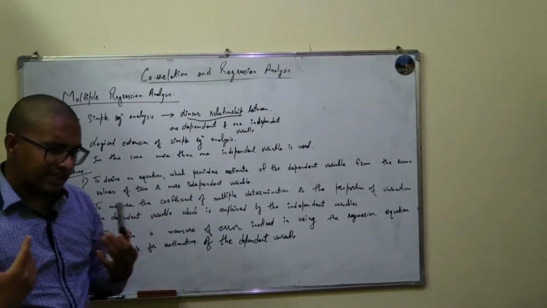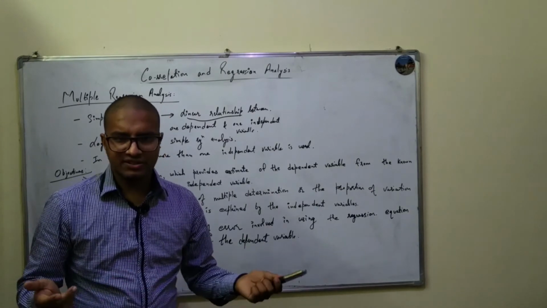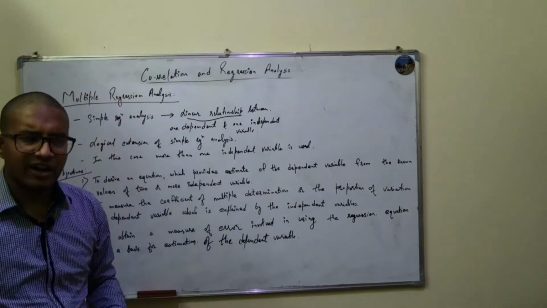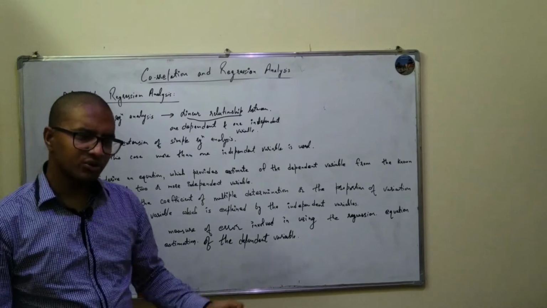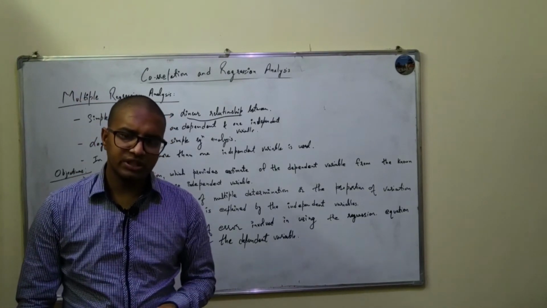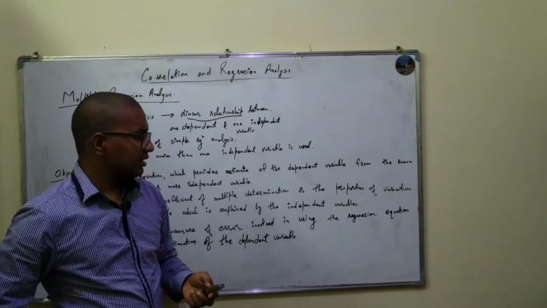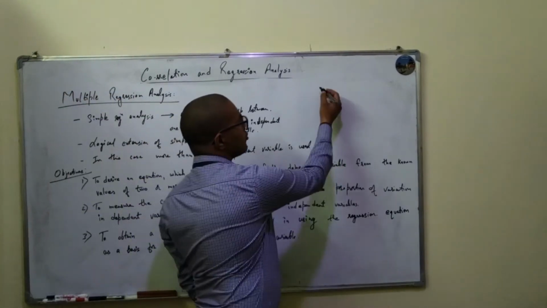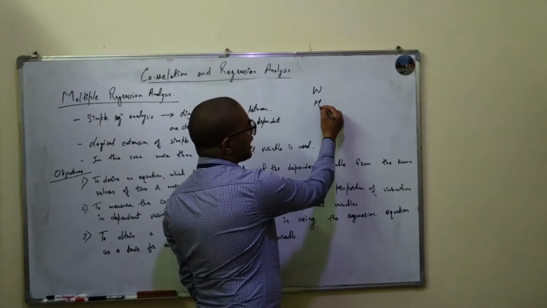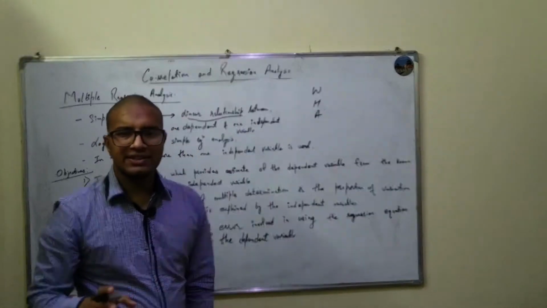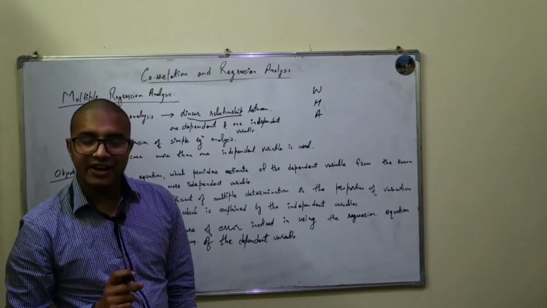Okay. So what is the objective, you might ask as well. Why are we trying to compute multiple regression using two or more independent variables? See, like weight, height, age, right? Weight is not only affected by height, or age only.